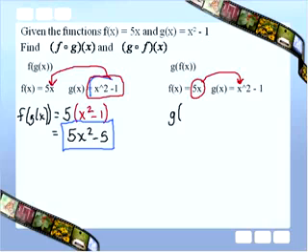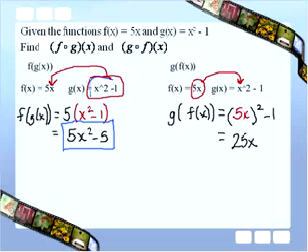So I will have g of f of x is equal to 5x is replacing the x, and that is squared, minus 1. 5x squared will give me 25x squared minus 1 for g of f of x.